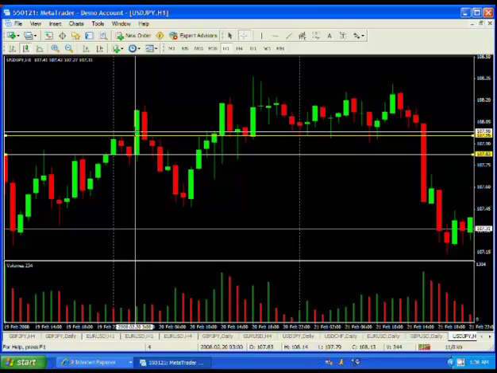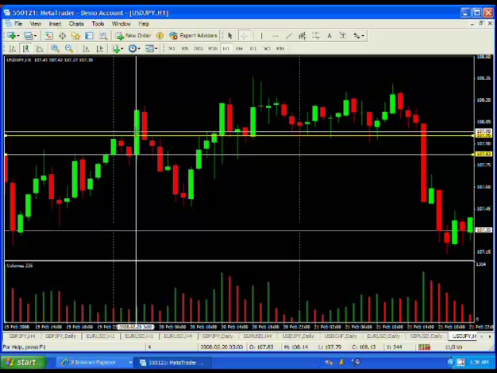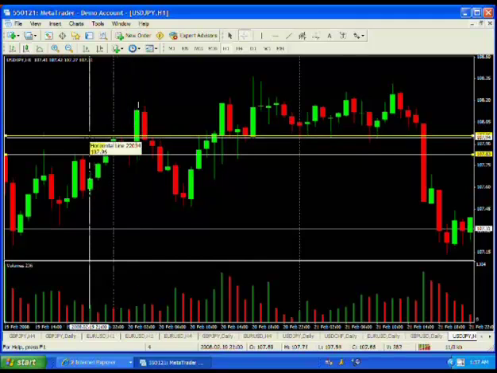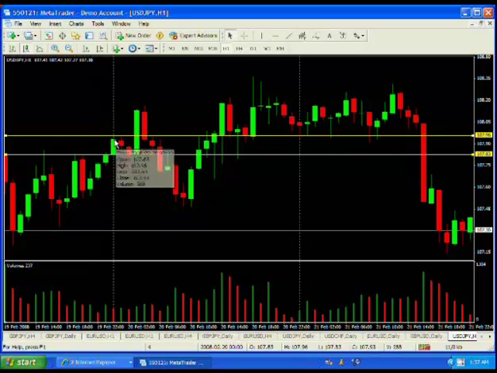And come down here to the real body of the open range, the close here, that would be our buy signal, our buy point. Okay, but now we look and we see that this bar closed back within the open range. So now we went long the open range here, and this bar closed at 107.93.